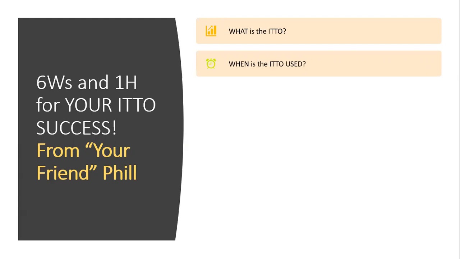Is it an input to just one process, like work performance information is only an input to monitor and control project work? Or final product, service, and result transition is an output only of close project or phase? You need to know the intricacies.